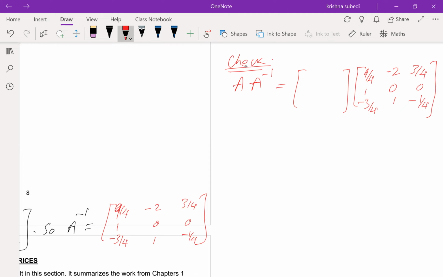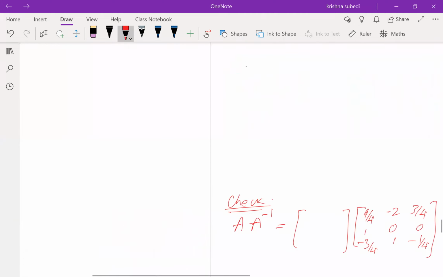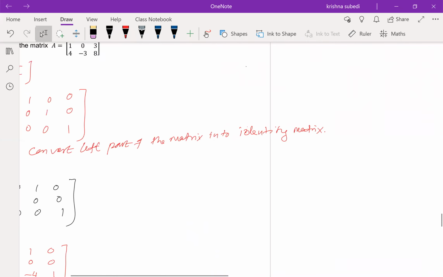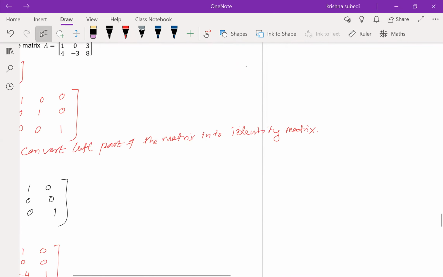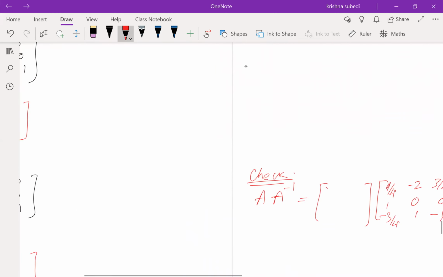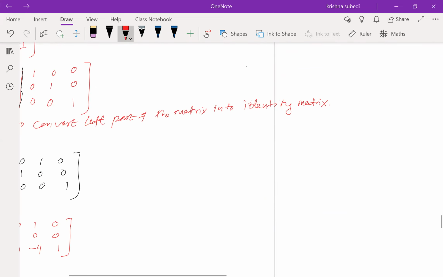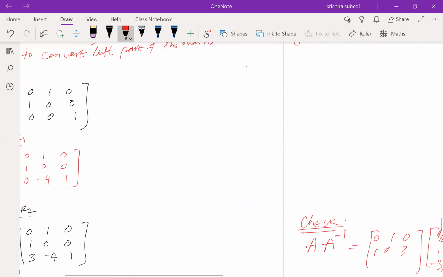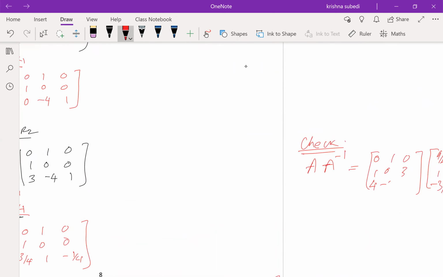And A is, what is A by the way? This is 0, 1, 0, 1, 0, 3, 4 minus 3, 8.